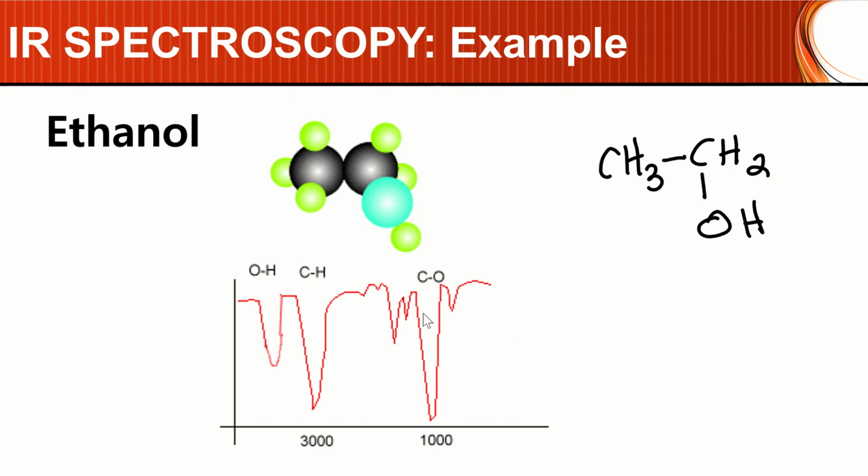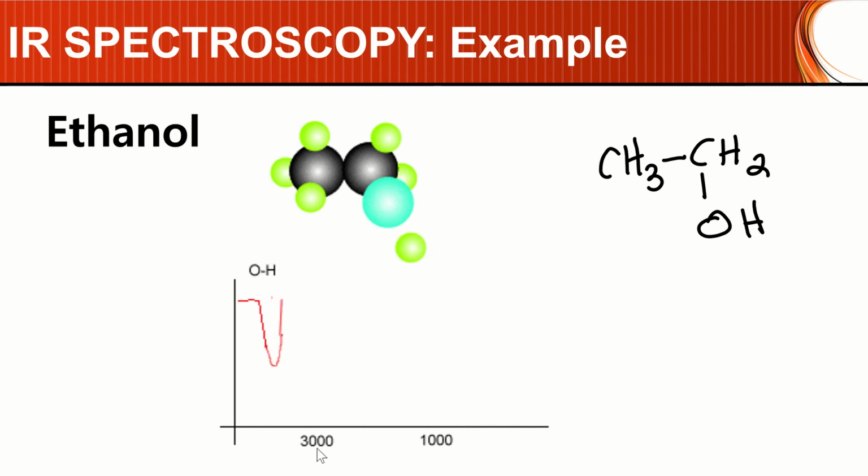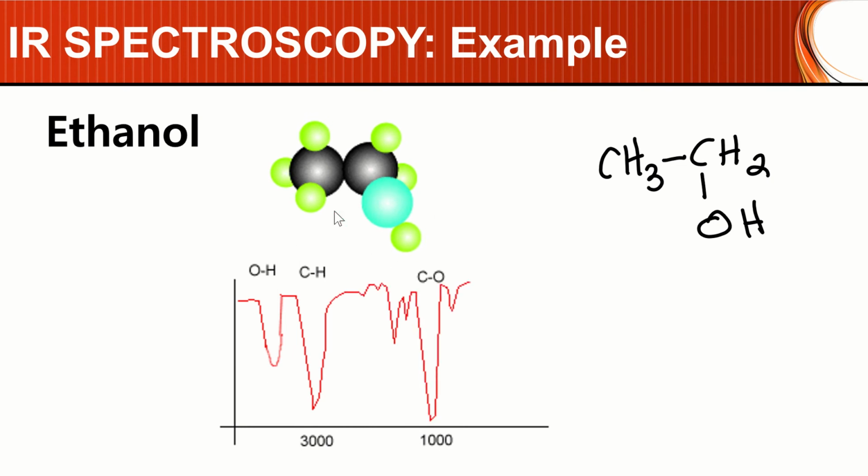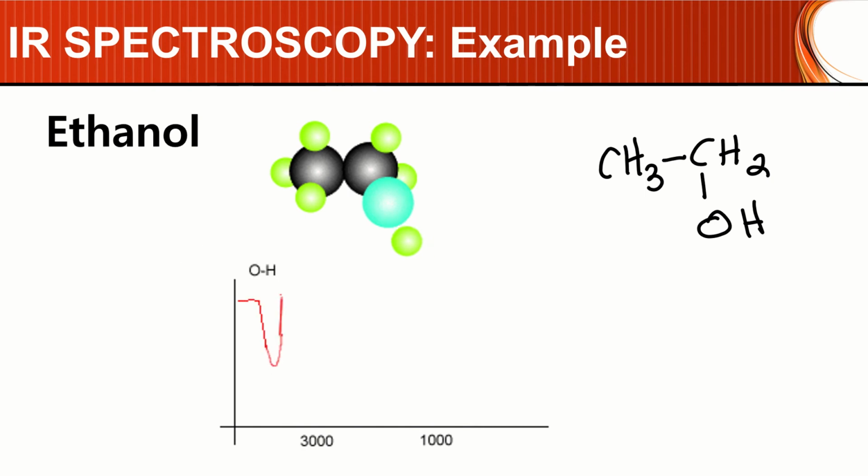So that region here. Each of these corresponds to a particular wave number, and as we said, we need to know our functional groups and know what aligns with what, right? So this is a fun example.